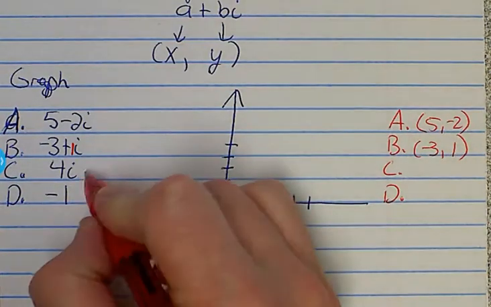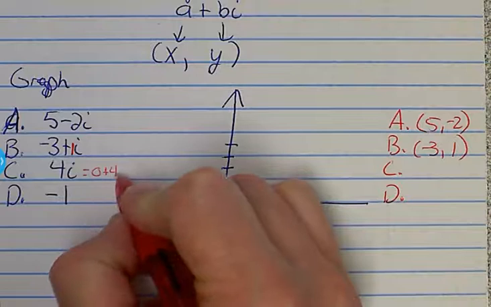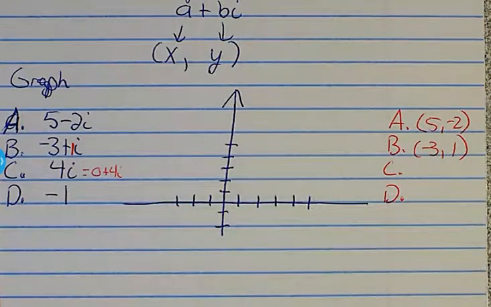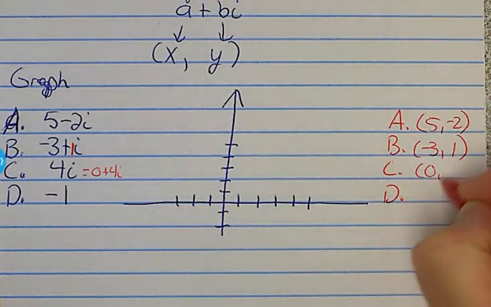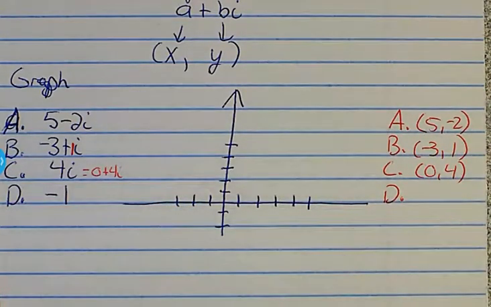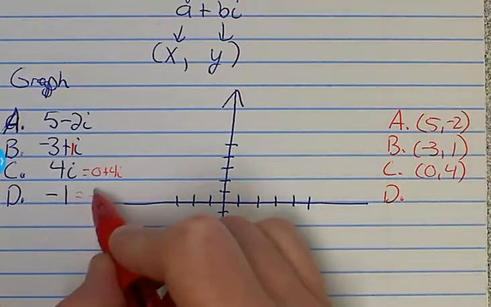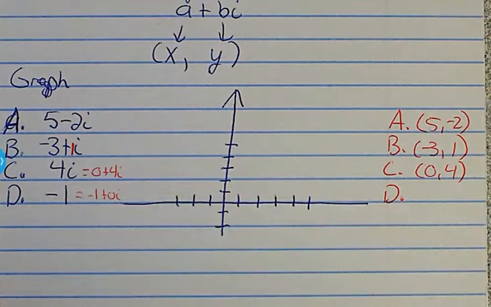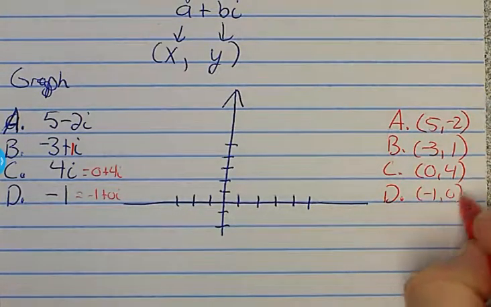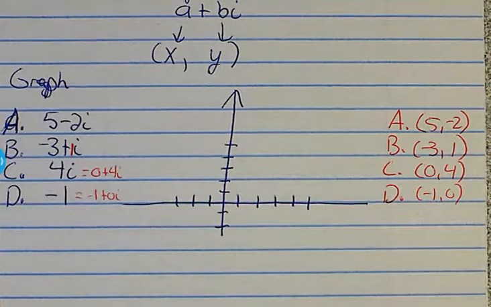Okay, for 4I, if you write it in true complex form, it would be 0 plus 4I. So I'd make it 0, 4. And then the last number is -1, and technically that's -1 plus 0I. So it would make it a -1, 0.